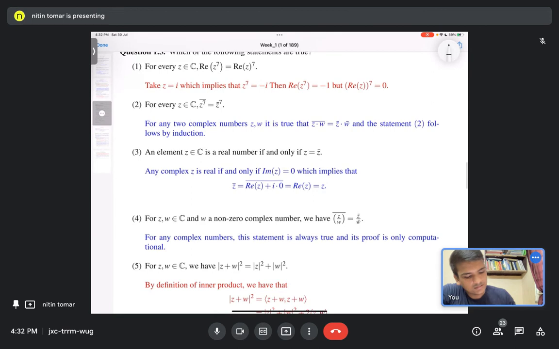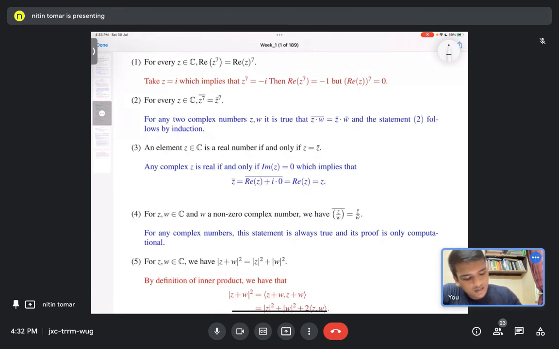And the third is, a complex number is real if and only if the complex number itself is equal to its conjugate. We know any complex number can be written as the real part of z plus iota times the imaginary part of z. This is real if the imaginary part is 0, right?